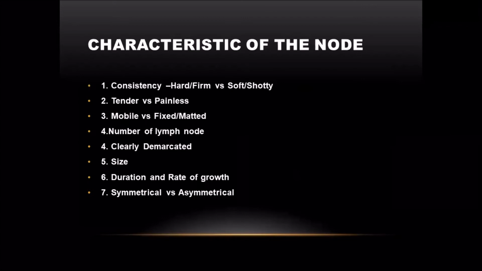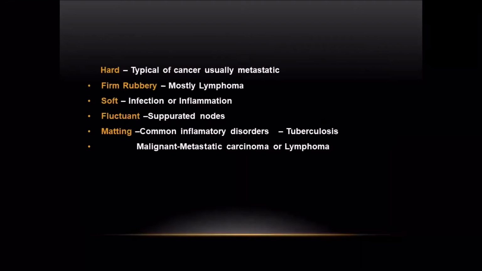As far as the characteristics of the node are concerned, the consistency, the tenderness, the mobility, the number of lymph nodes enlarged, the demarcation, size, the duration and rate of growth must be mentioned, and the symmetry must also be looked at. As far as consistency is concerned, most metastatic cancer is hard in consistency.